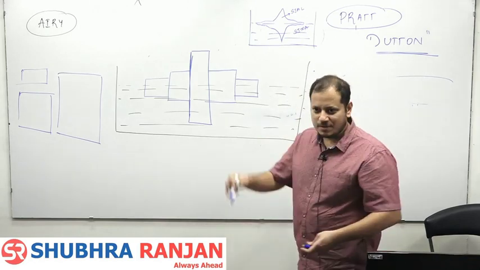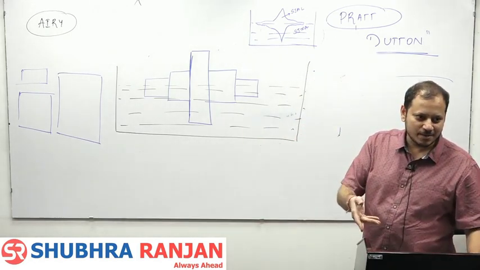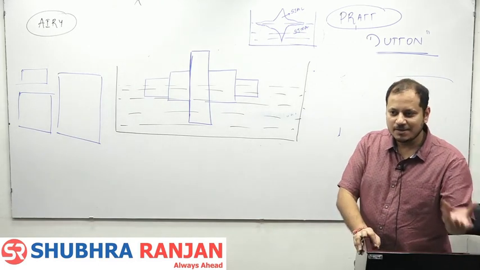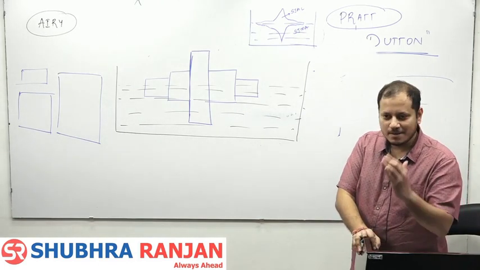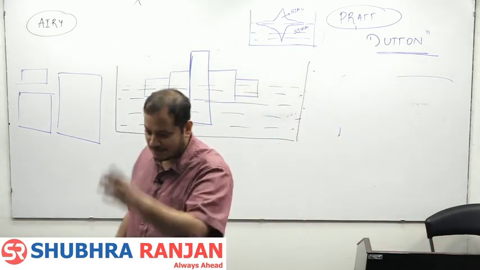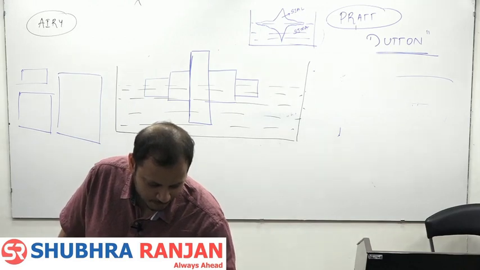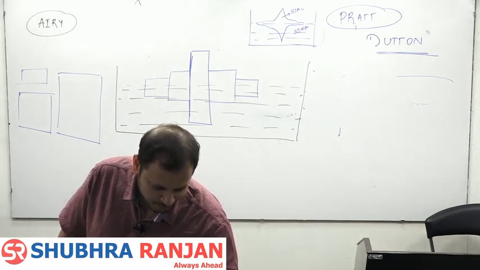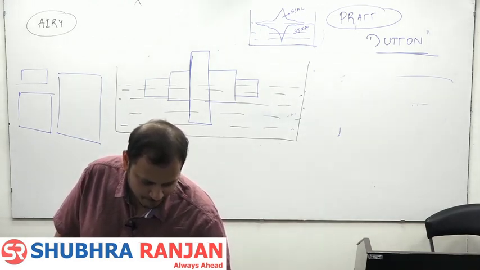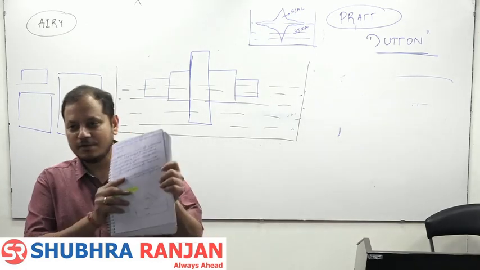That is, higher the mountain, deeper is the root. That is, they are floating. Fine. And if you look at the first, show me the first Sial Sima diagram in our notes. We have drawn the same thing.